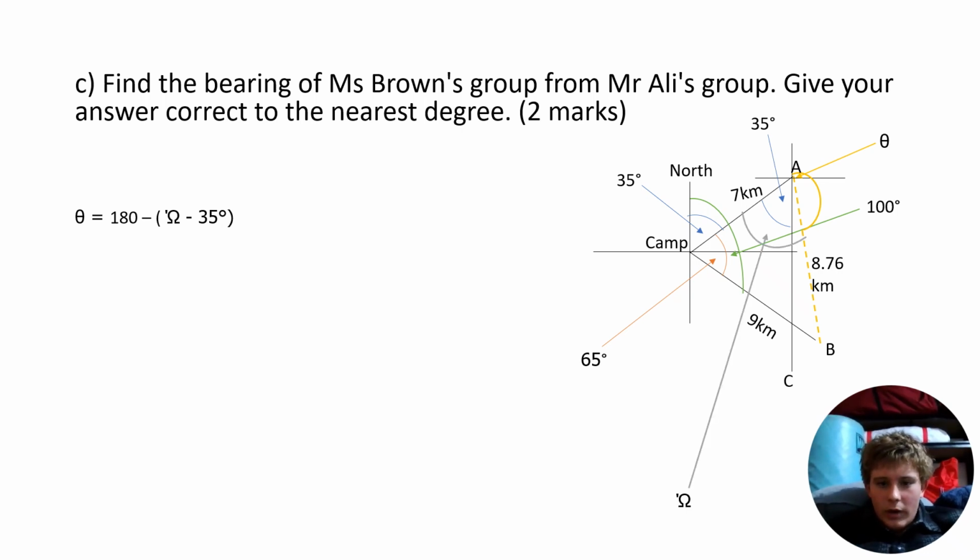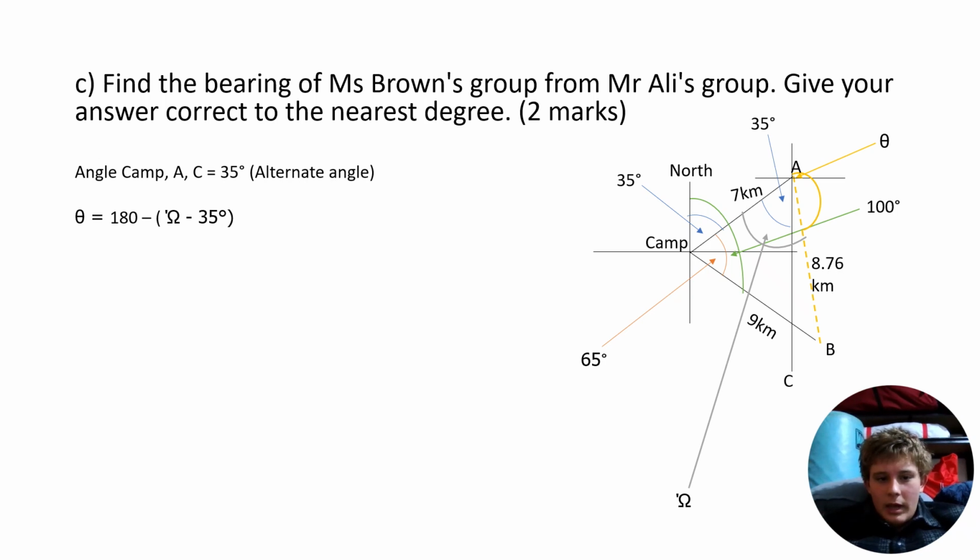And this grey line here we're going to call omega. So omega is from the yellow line to the line between C and A. Angle CAC equals 35 as it's an alternate angle, as I previously said.